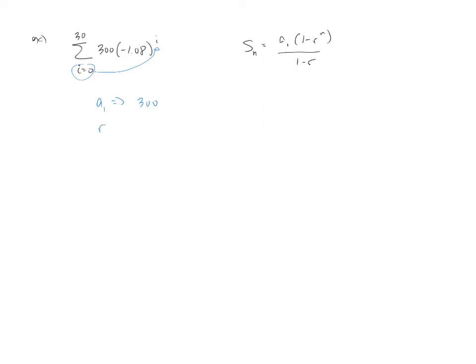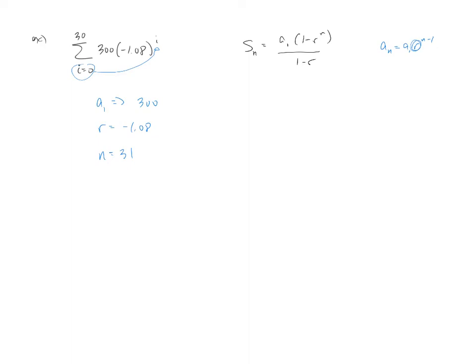The r is the ratio, and from the formula earlier, the base of the exponential is always going to be the ratio. So for us, the ratio is negative 1.08. And then finally, n would be the number of terms. We start at 0, we end at 30, so there's going to be 31 terms.